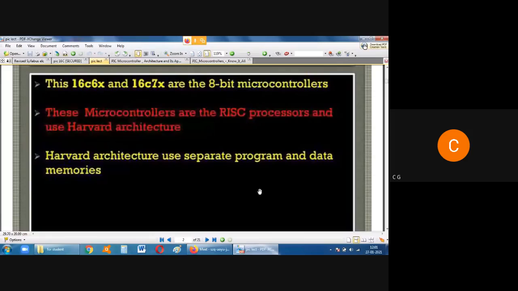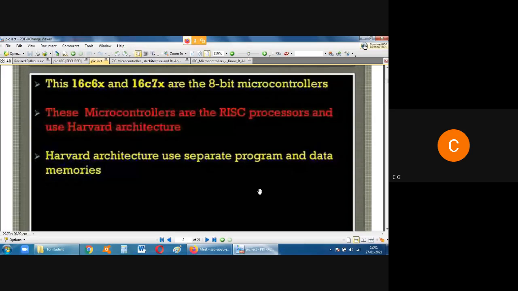In the previous case, what we have seen, the address bus is also 8 bit, and the data bus is also 8 bit. In some cases, we have seen 16-bit addresses, like the 8051 will have 16 lines, so it is a 16 bit address bus and 8 bit data bus.